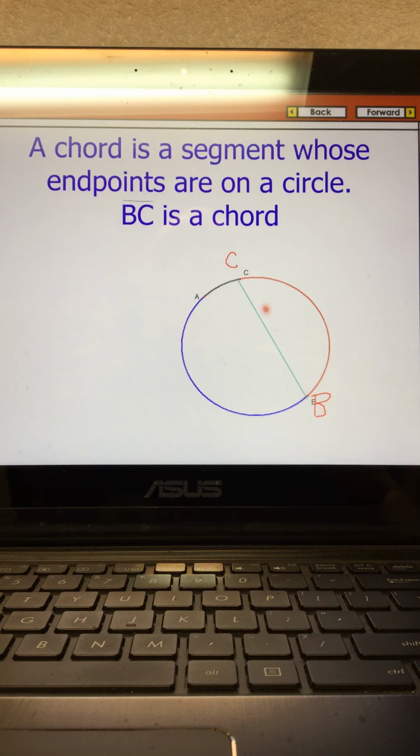So when I look at this segment B to C, it's a chord because one of its endpoints is here on the circle at point B. The other endpoint is on the circle here at C. A diameter is a special kind of chord. A diameter has endpoints on the circle, but it has to pass through the center.